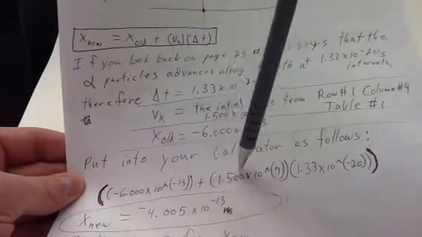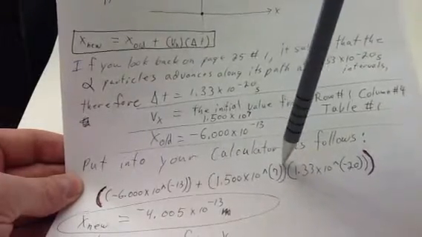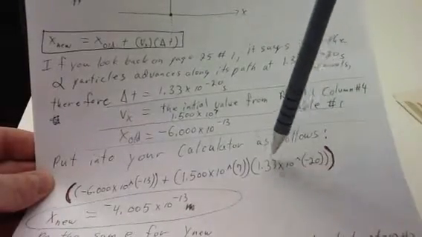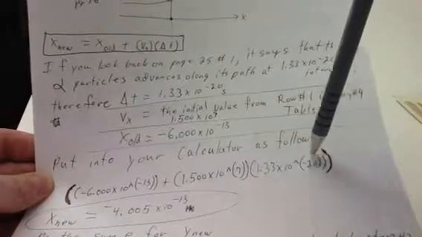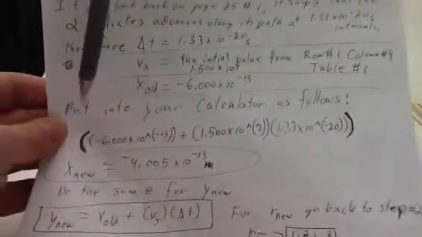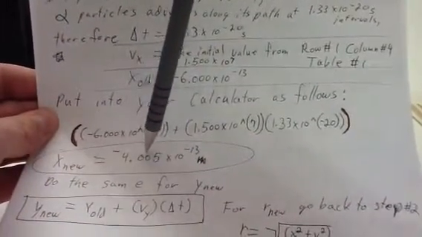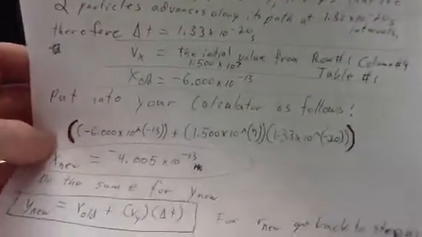So make sure you parentheses the Vx, make sure you parentheses your power, and then parentheses there, new parentheses, okay, and then keep going, parentheses, parentheses. Here's where you got to close out this parentheses here, then you got the parentheses out here, it closes in the whole thing. And your x new equals negative 4.005 times 10 to the negative 13th meters. So that's for row 2.